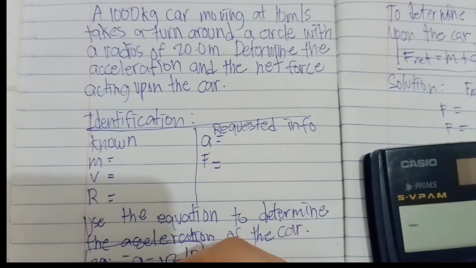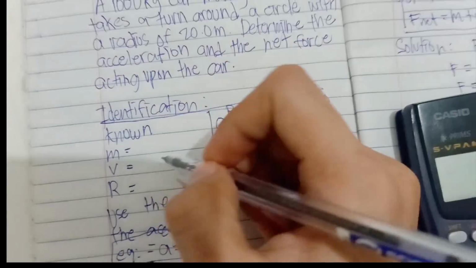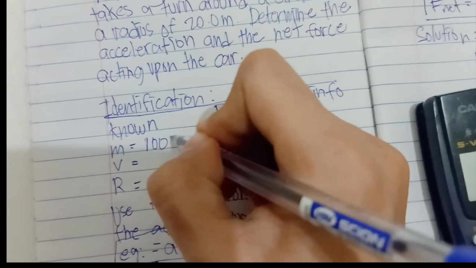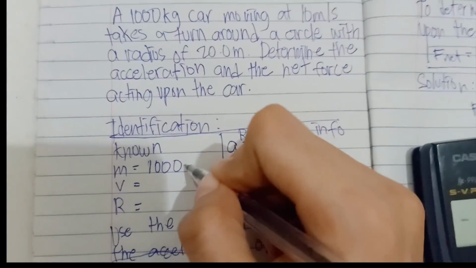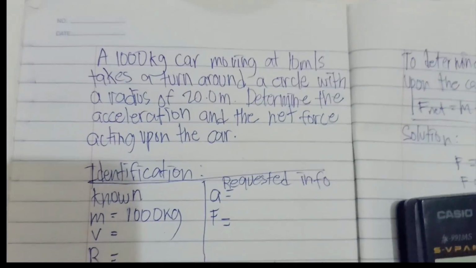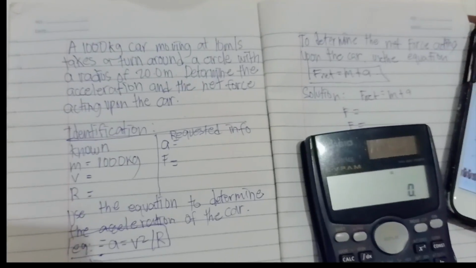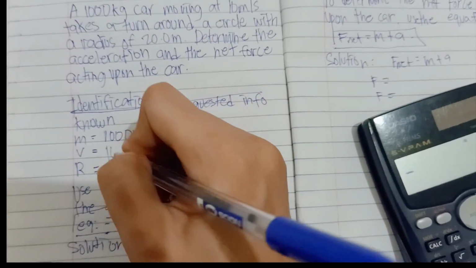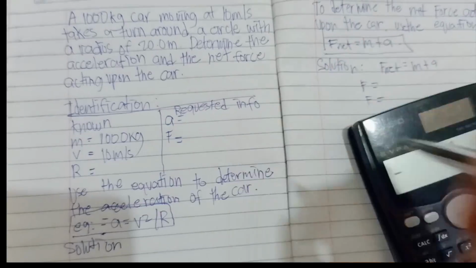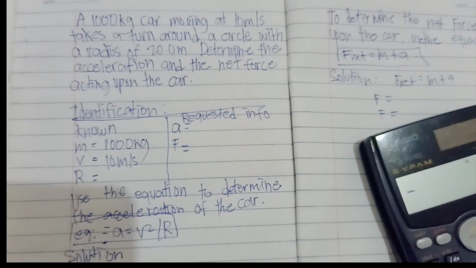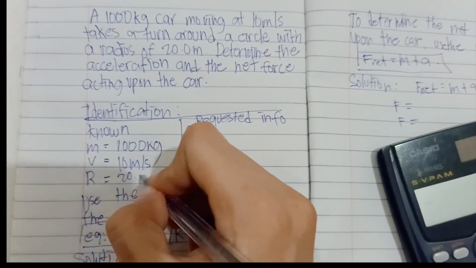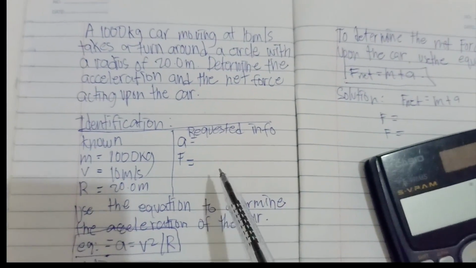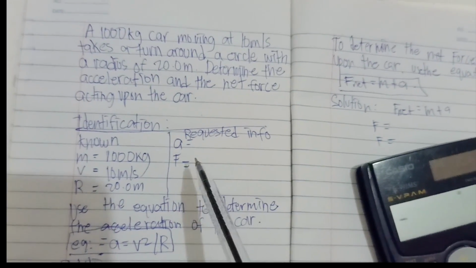The mass of the car is 1000. The speed is 10 meters per second. And the radius is 20.0 meters. So the requested info is the acceleration and the net force.